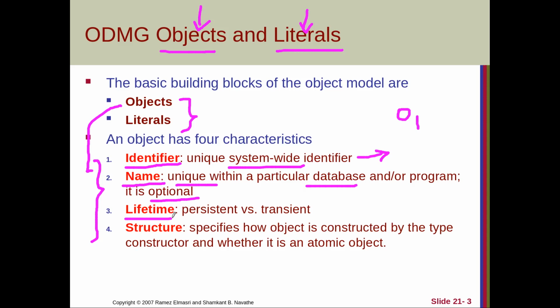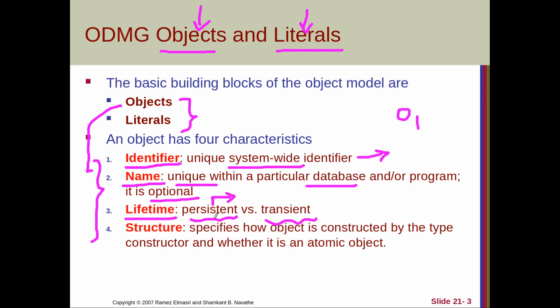Now the third point of an object is the lifetime of an object. That is another main characteristic, how long an object will remain within the system. So there can be two types of objects. One is a persistent object and the second one is a transient object. Persistent object, we had a small discussion in the previous session.